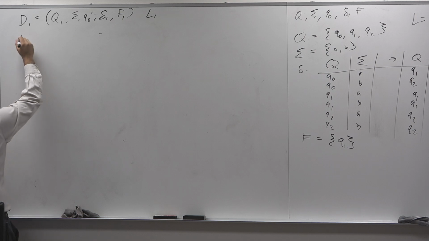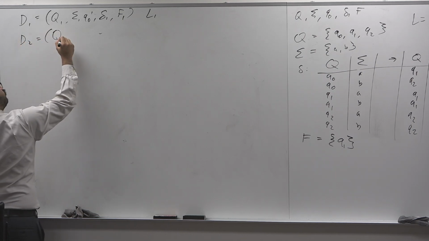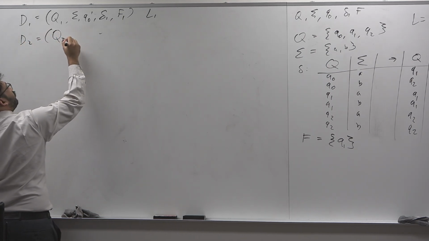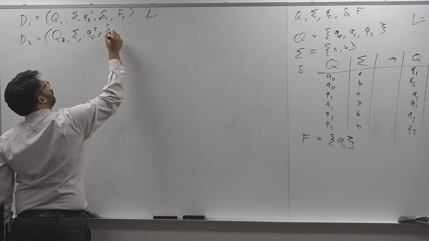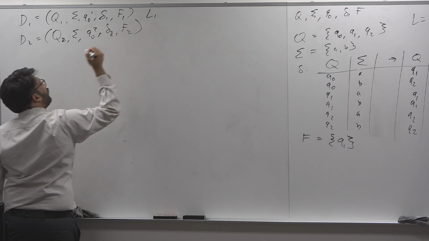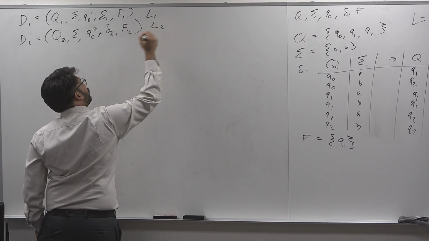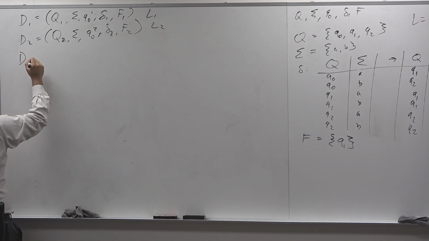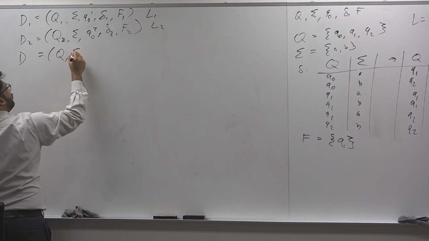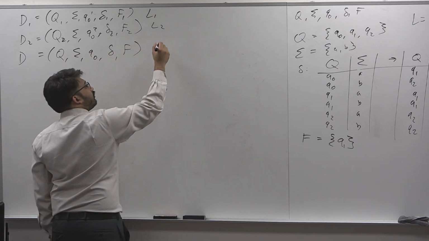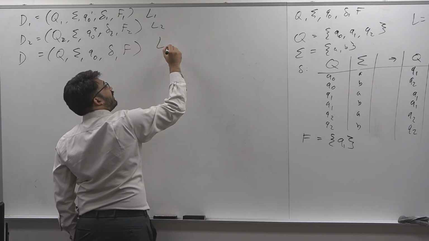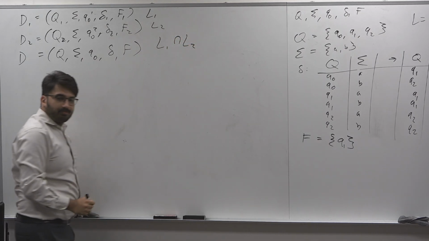And let's say we have a second DFA, D2, which is Q2, sigma, Q02, delta 2, and then F2, and this decides a language, let's call it L2. And let's make a new DFA D, which is just Q, sigma, Q0, delta, and F. And we are gonna program this DFA to decide L1 intersect L2.